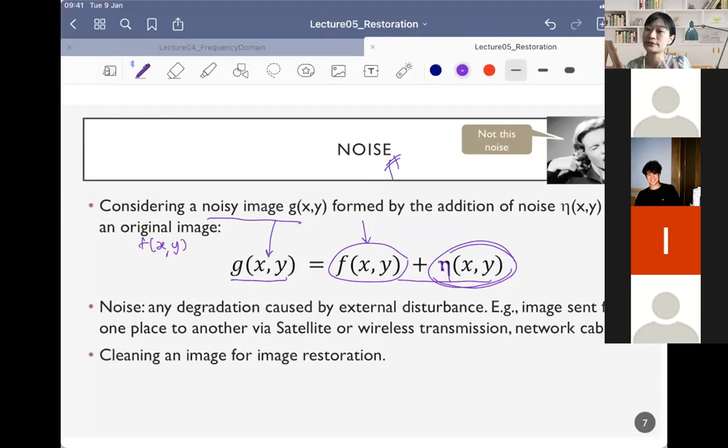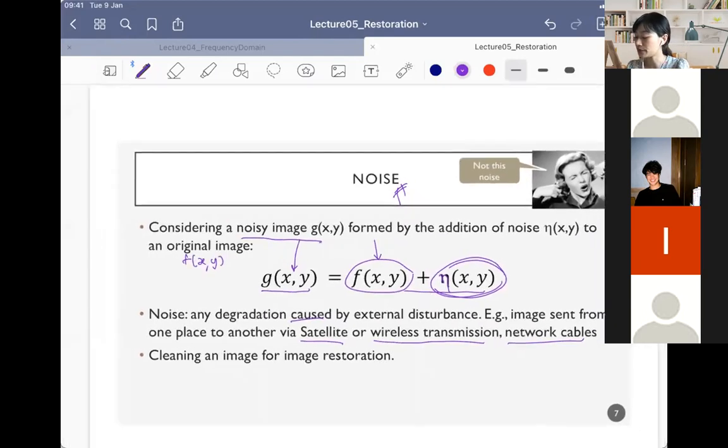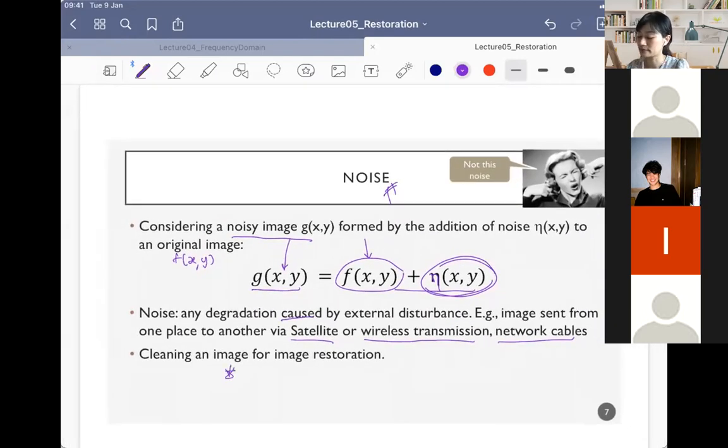But there are still some types of images that are still caused by some noise as well. For example, when you transmit one image to another place, or if you get an image from the satellite camera on wireless transmission, it could be affected by the network cable or something like that. So we might need some process to fix an image.